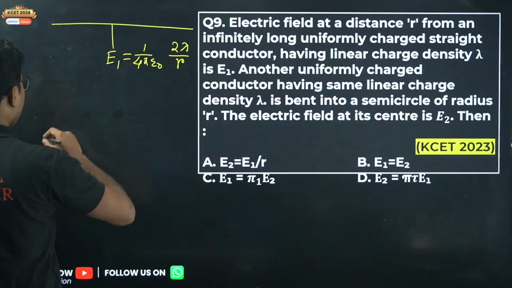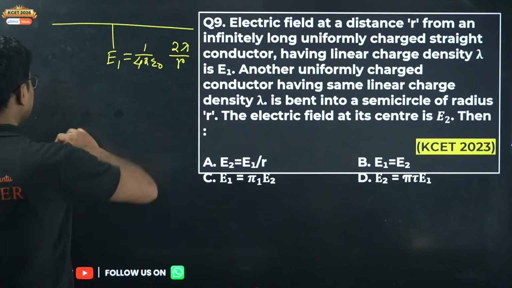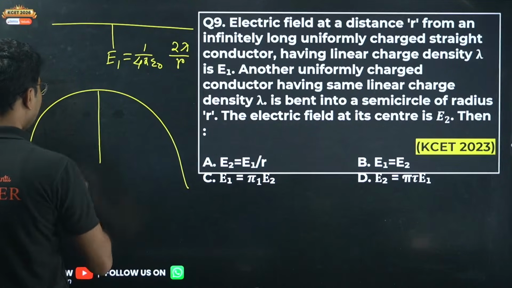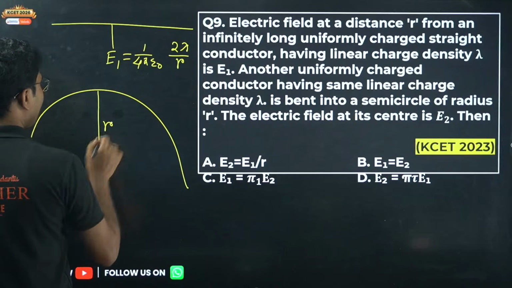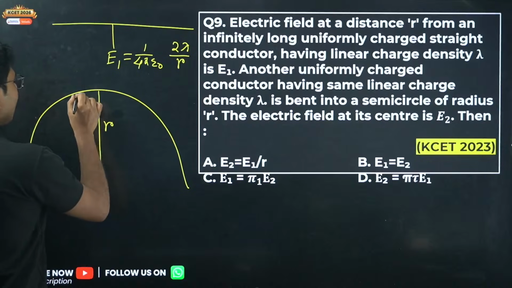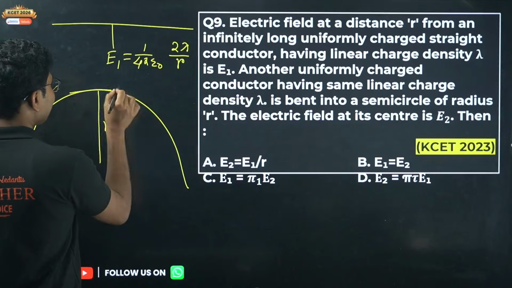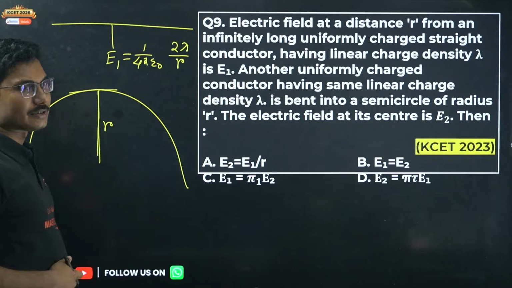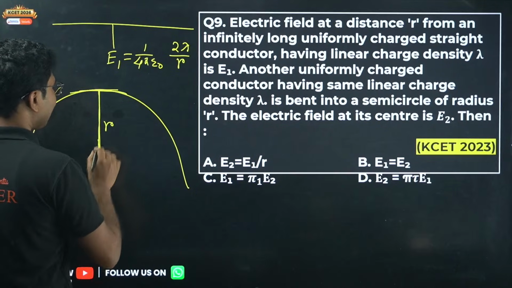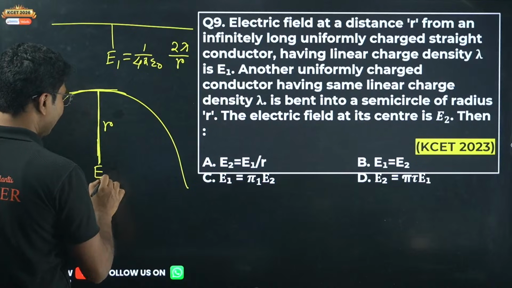Now the same wire, this is a very long wire. Now the same wire is bent into a semicircle of radius small r. Because it's a very long wire, even if you bend it, it will be almost a straight line, even if it's a semicircle of radius small r. It is a very long wire, so we can take that the electric field in the center will also be constant.